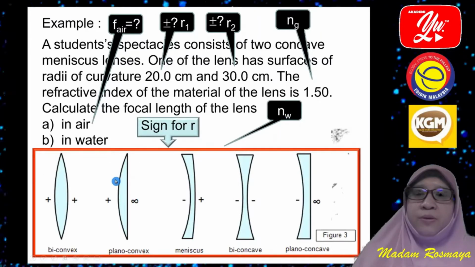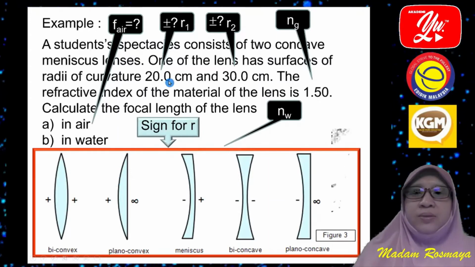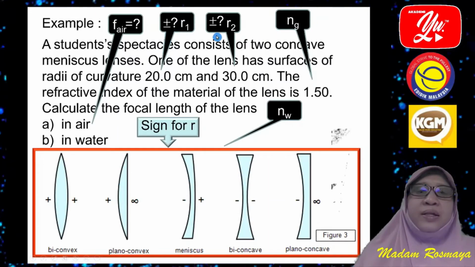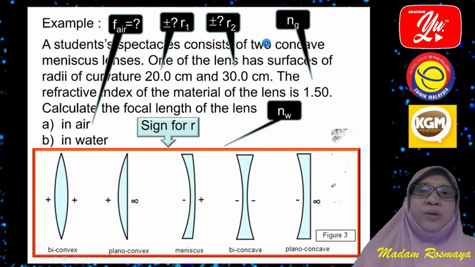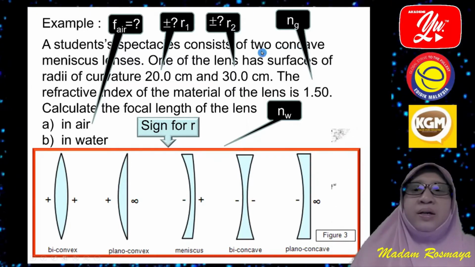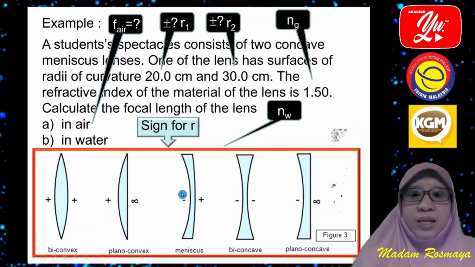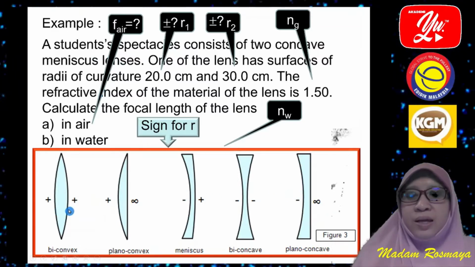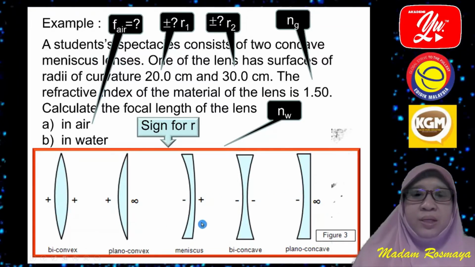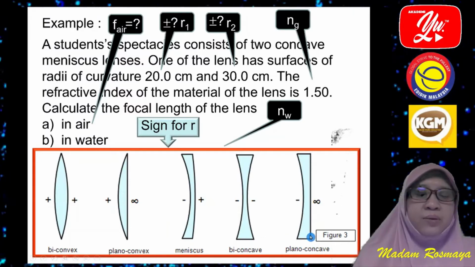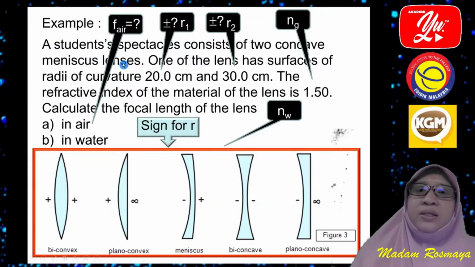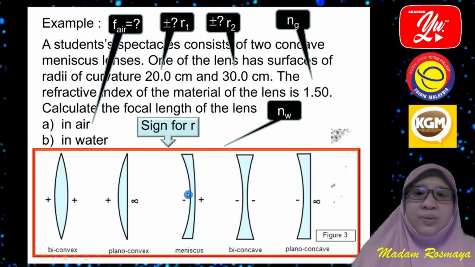Before you do this question, you must know the sign for R1 and R2, because the concave lens, the meniscus lens, has two sides. Which type of lens is it? We have biconvex, plano-concave, and meniscus lenses. The meniscus lens here is this one.